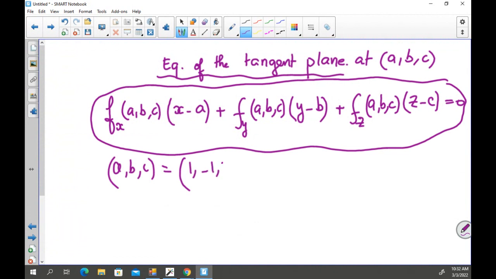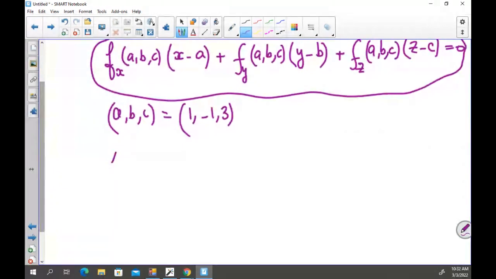1, minus 1, 3. So now you need to find the fx, fy, and fz. This will come from the equation of the surface. z equal to x cubed minus 2xy.